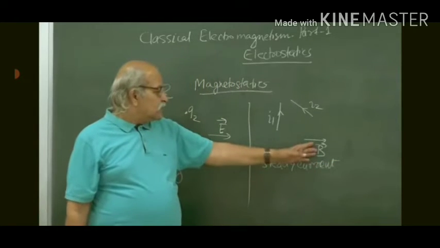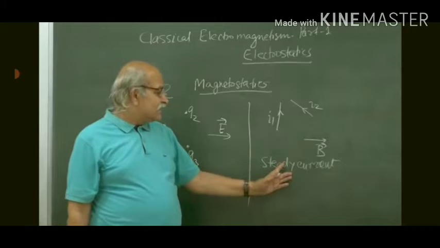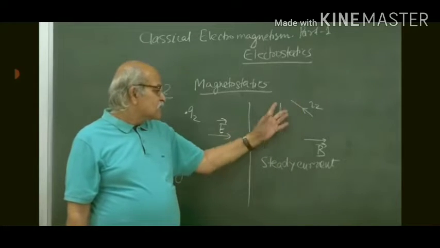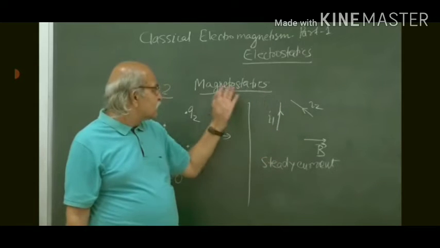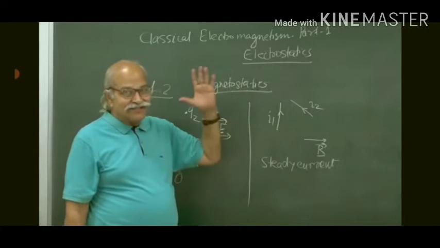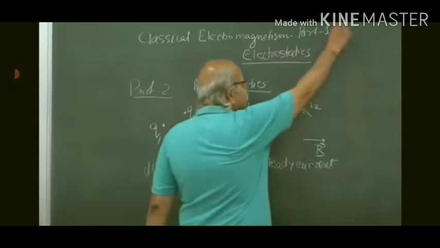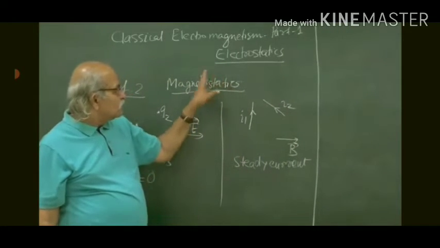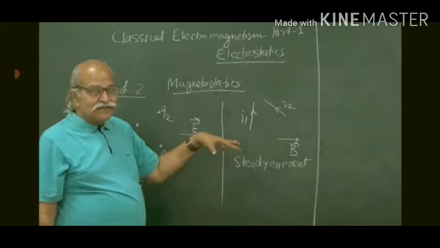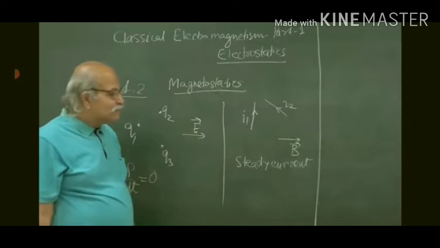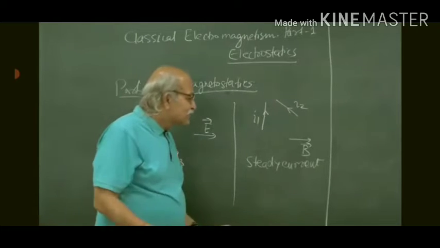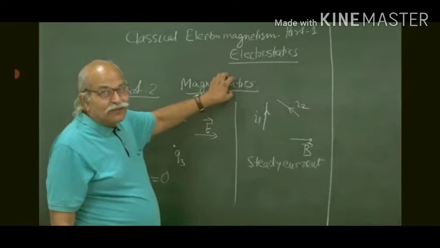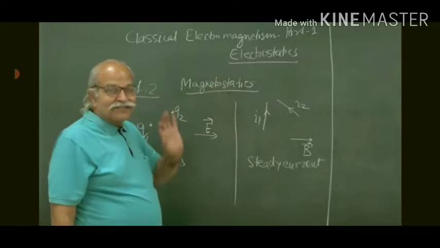So, if the magnetic field is produced by steady currents which are not changing with time, then this area is known as magnetostatics. And so, we will be talking mostly about magnetostatics in this course, depending on how the course goes and how it evolves. We can do some other things also, but basically it will be focused on magnetostatics.